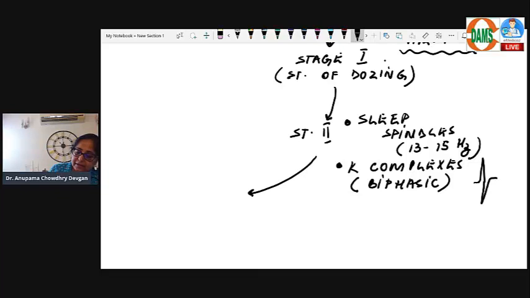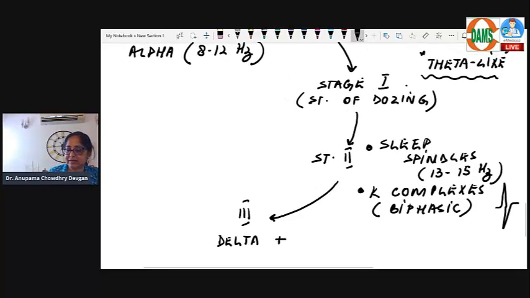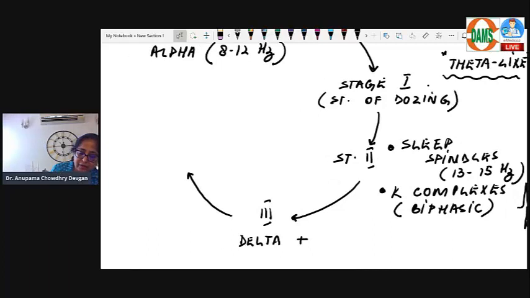Then he goes into stage 3 of NREM. In stage 3, delta makes an appearance. Then he goes into stage 4 of NREM, where delta becomes even more prominent.